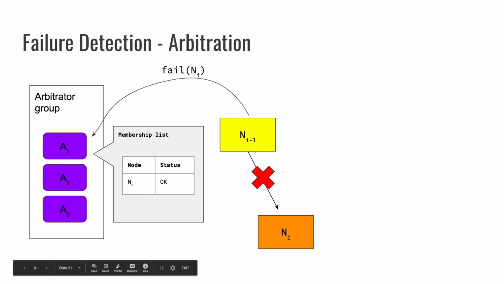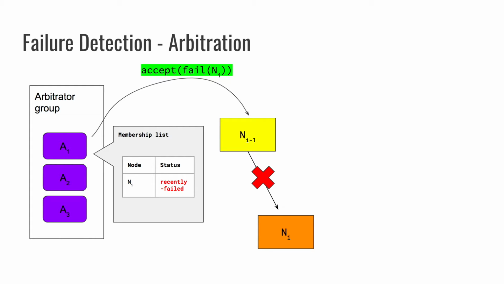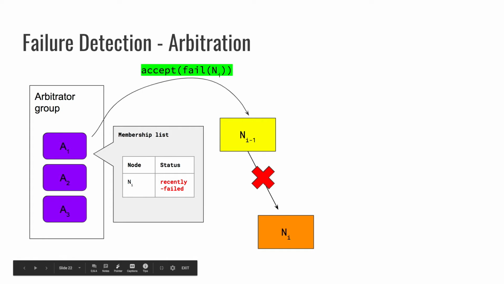If this is the first time that the node is detected as failed, then the node is added to the recently failed list, and the arbitrator group sends an accept message back to the monitor, and the monitor waits for a timeout T0 before taking action to claim the portion of the ring that was previously occupied by the failed node.